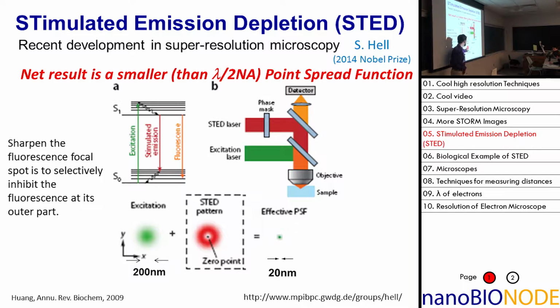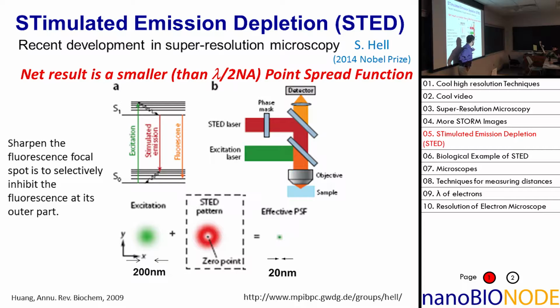The combination of the two, what happens? Right over here, it's not having any effect at all because there's no light, so it emits normally. All the excited molecules, which are here, are stimulated, come down, and so you don't actually ever see it.